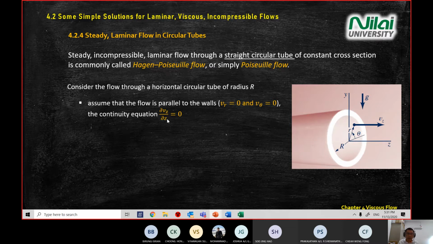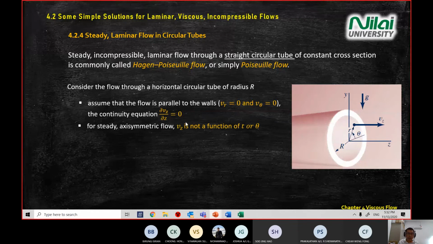And the continuity equation reduces to del V divided by del Z. There's no acceleration along the Z axis. There's no acceleration for your velocity because, referring to this diagram, your velocity is along the Z axis. So if you have a steady flow, it means there's no change of velocity inside the tube. So we can write this equation.